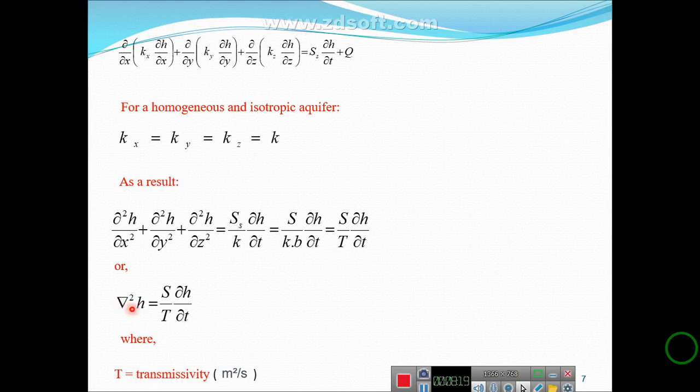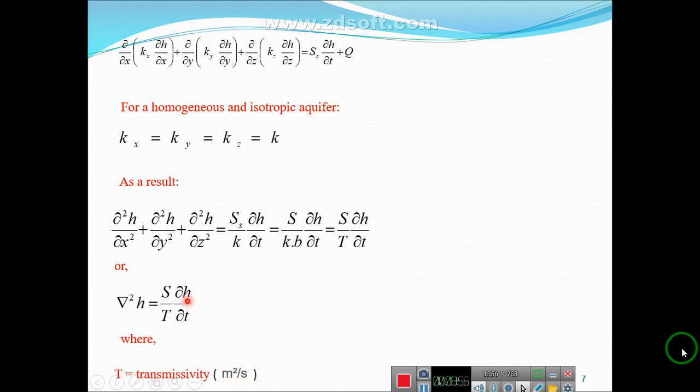Del square h is equal to S over T times the partial derivative of h with respect to t. In this equation, del is an operator. S represents the storativity of aquifer. T is the aquifer transmissivity in terms of square meter per seconds.